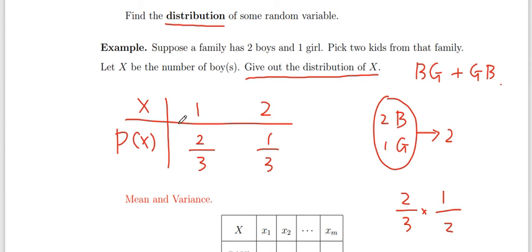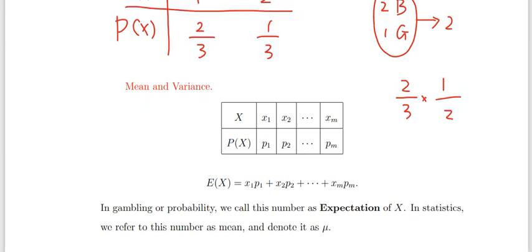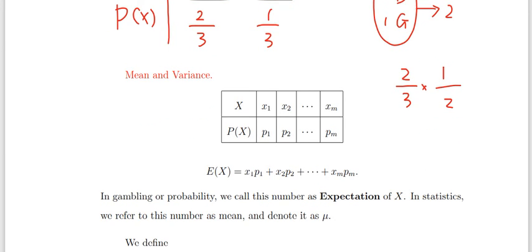So meaning you should give me such a table. You need to list all cases and also their probabilities. So from such a table, we say that this number is important: expectation.